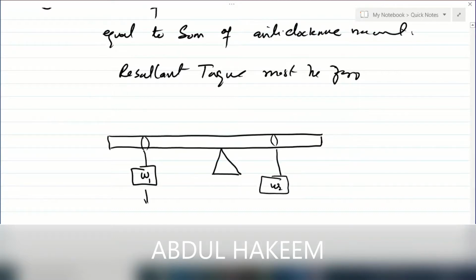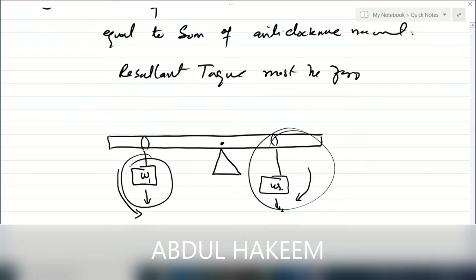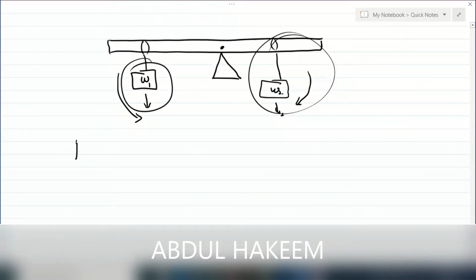So this force is acting down, this force is acting down, this is trying to rotate in the clockwise direction about this pivot. This is trying to rotate in this direction. If it is in equilibrium, stable, then the clockwise moment produced by W2 must be equal to the anti-clockwise moment produced by W1, which is also called the principle of moment.